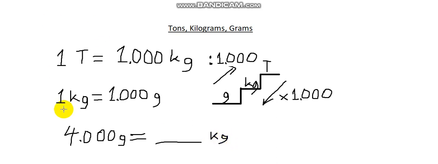I would have to take 4,000 and divide it by 1,000. Now here, since this number has as many zeros as this number, I can just delete 3 zeros on this side and 3 zeros on this side, and what's left is just 4. So that would be 4 kilograms.